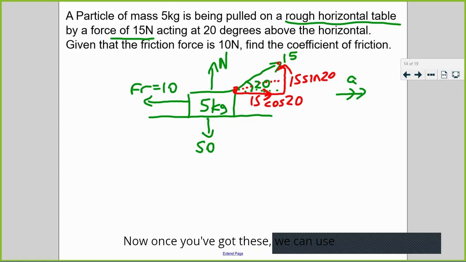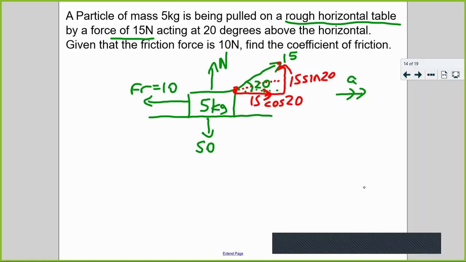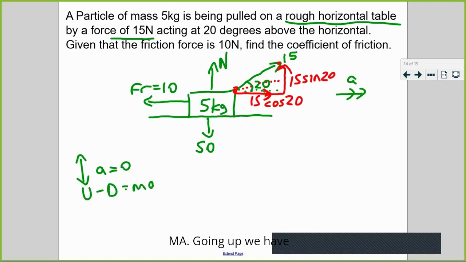Now, once you've got these, we can use F equals ma. Now, again, the particle is moving horizontally. That means vertically there is no acceleration. So up minus down equals ma. Going up, we have two forces.